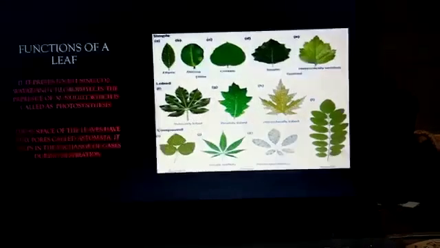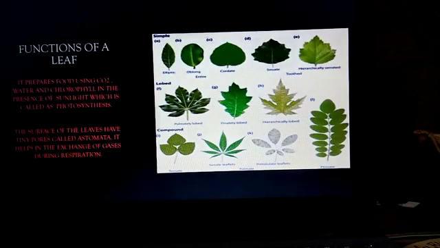Now, what are the functions of a leaf? We know that already. It prepares food using carbon dioxide. We know the raw materials for photosynthesis. What are the raw materials, children?